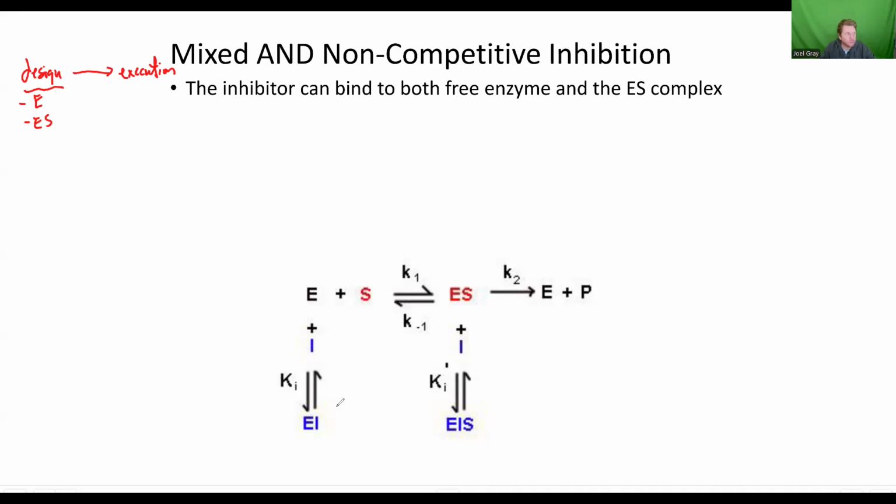So your idea is, I'm going to design this inhibitor to act as a competitive inhibitor and an uncompetitive inhibitor because I want it to do both things. And so that's where that term mixed comes from, where it's effectively a mixed type of inhibition. Now, you've designed it to do this. You've looked at the molecules, you've looked at the enzyme, and this is what you're expecting and wanting to happen.